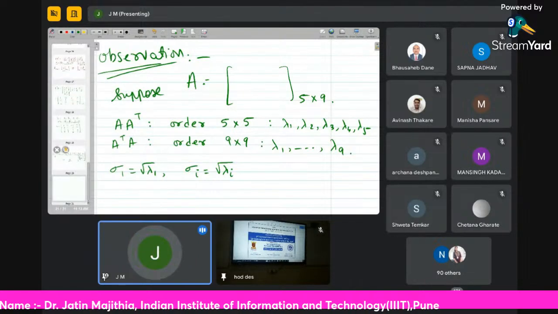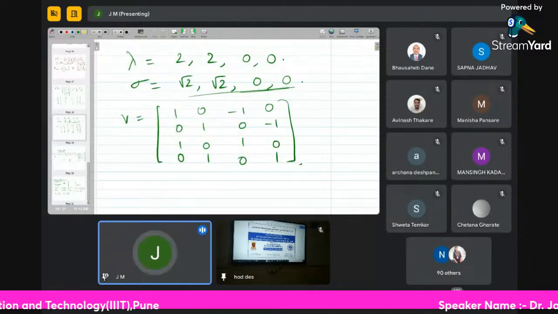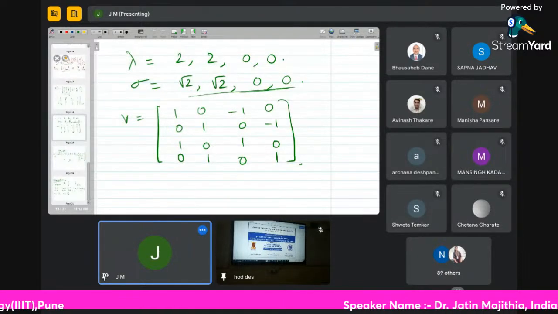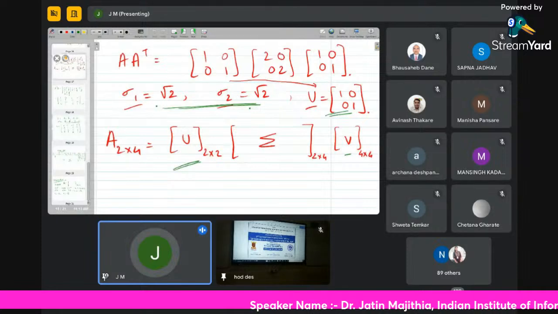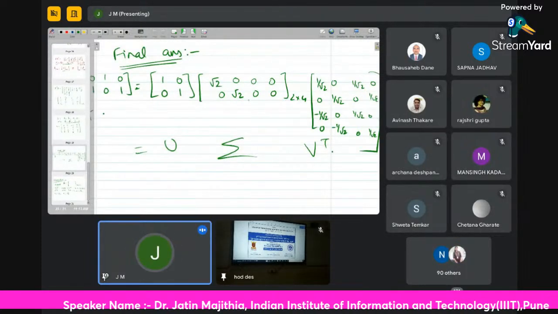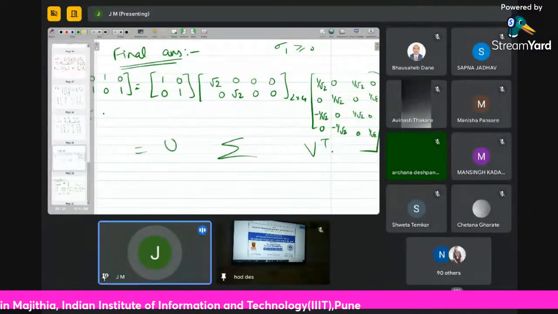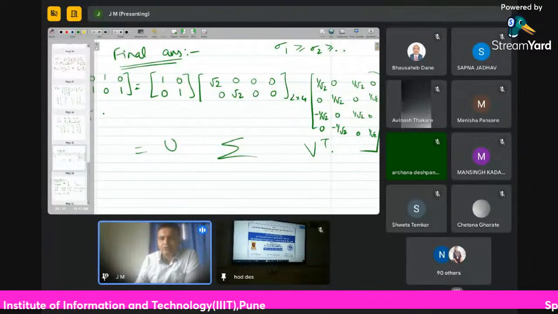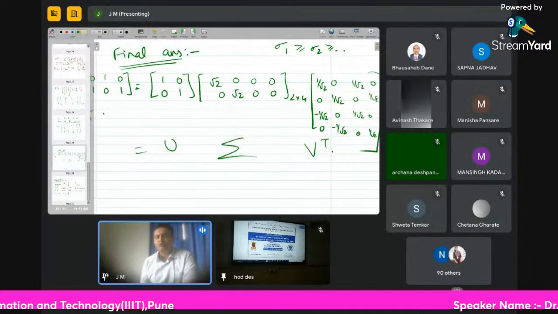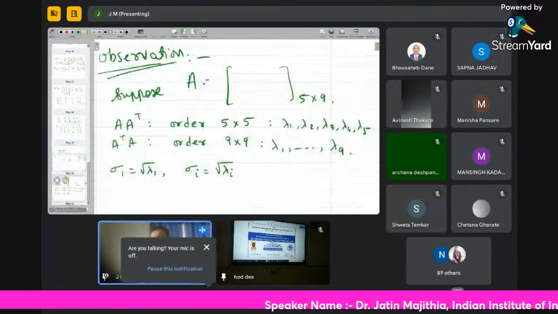One thing to observe here, one could have asked me that since we got root 2, root 2, 0, 0 and 2 root 2, why did I write root 2 and not 0 0? Because as I said, we follow the convention, we take them in non-increasing order. If root 2 was bigger than 0, that's why I took it.